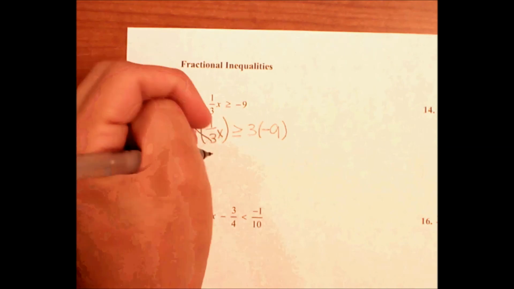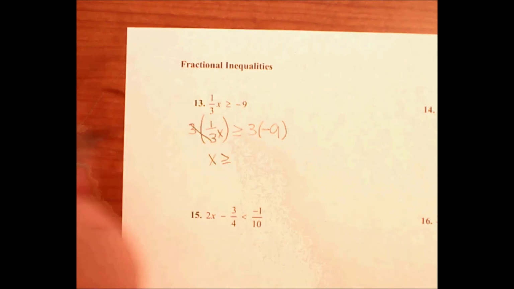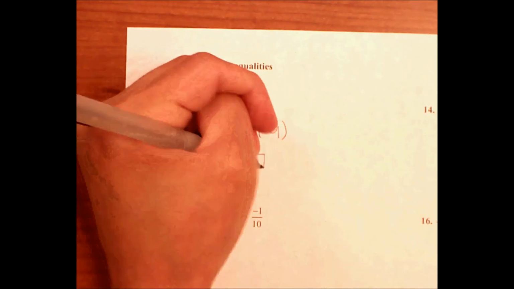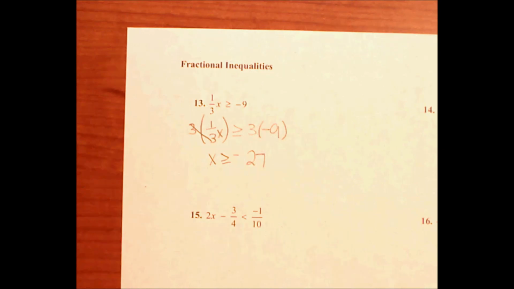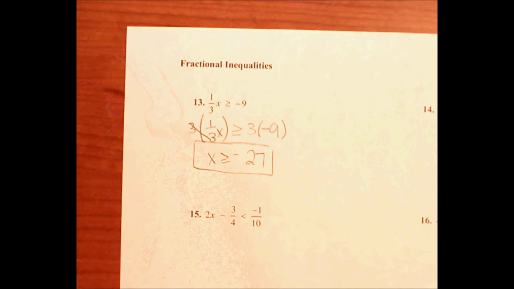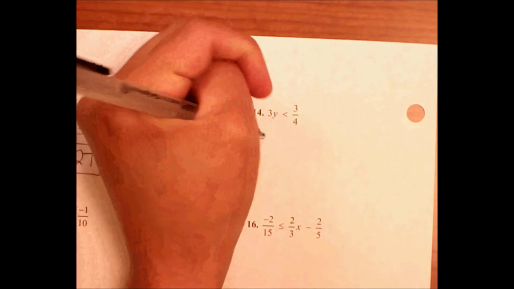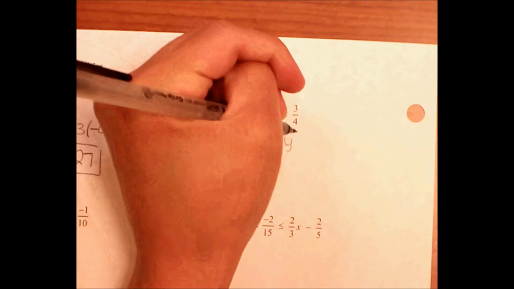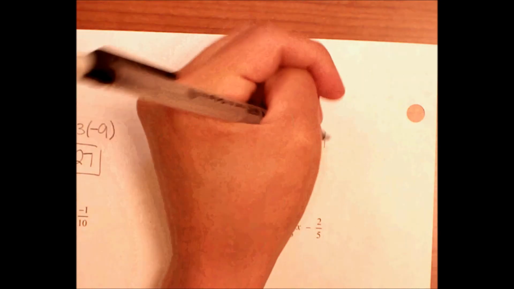So I'm left with x is greater than or equal to negative 27. Okay, on 14, I'm going to multiply both sides by 4 to get rid of that fraction.